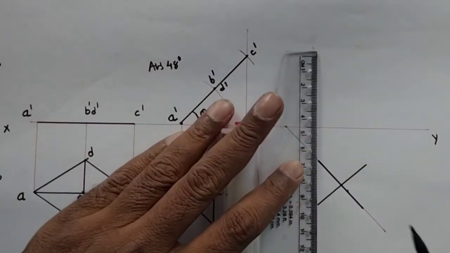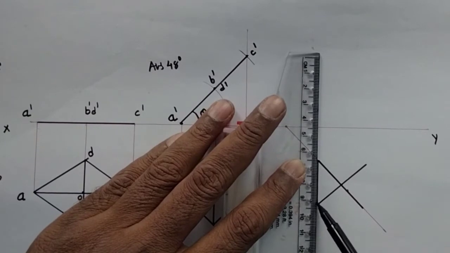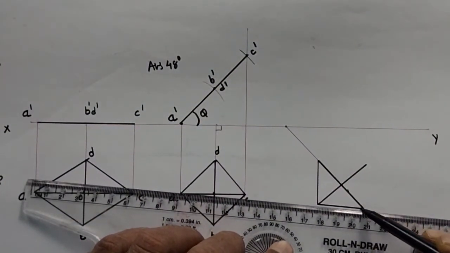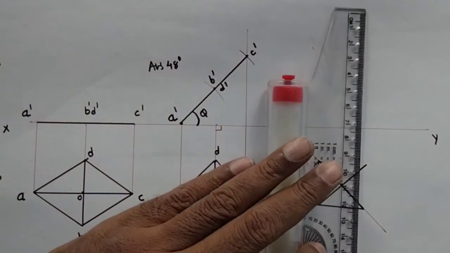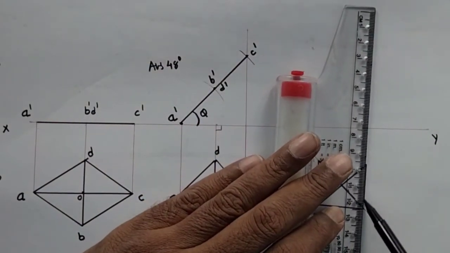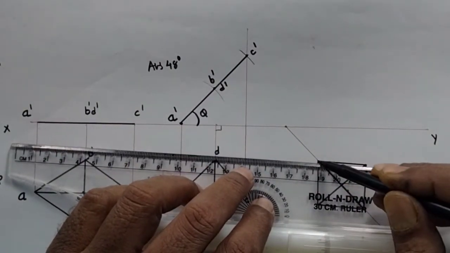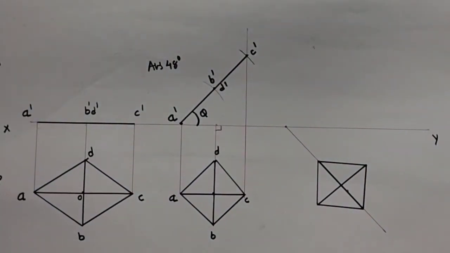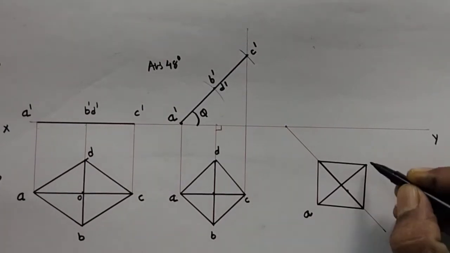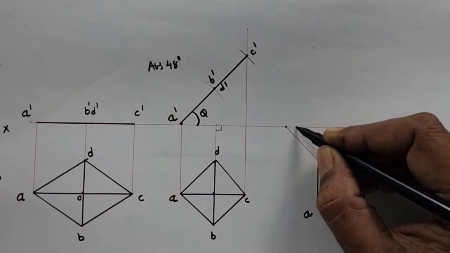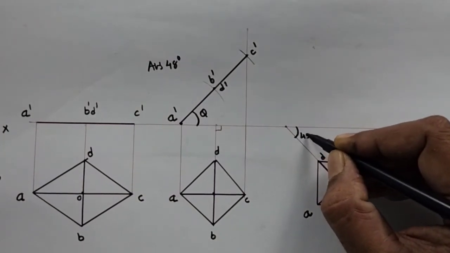So we rearrange our second stage plan with body diagonal BD inclined to VP 45 degree.